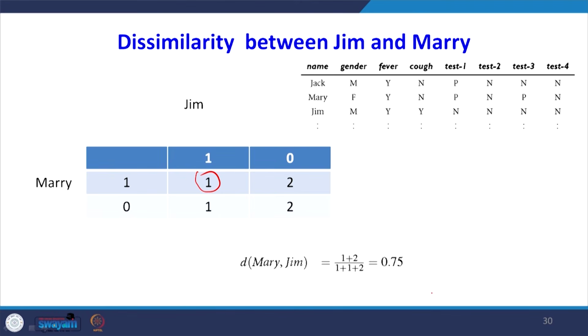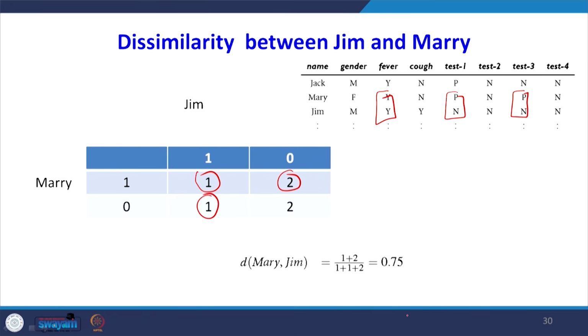Mary is 1 and Jim is 0, and there are two such cases, so the value is 2. Mary is 0 and Jim is 1, that is 1.